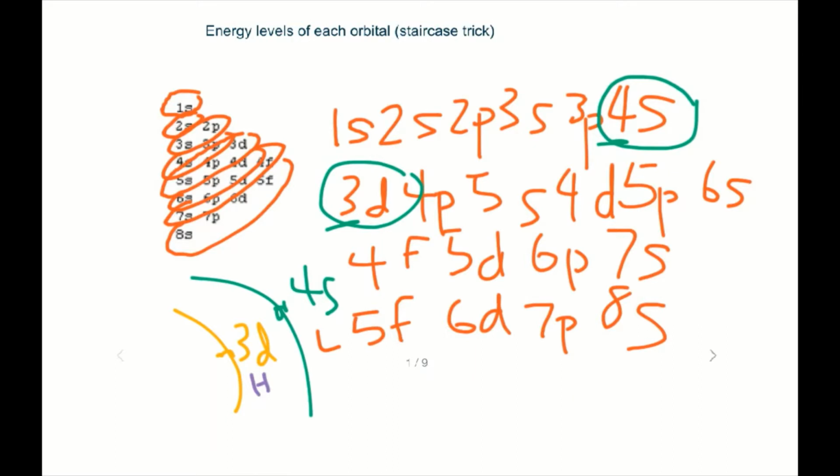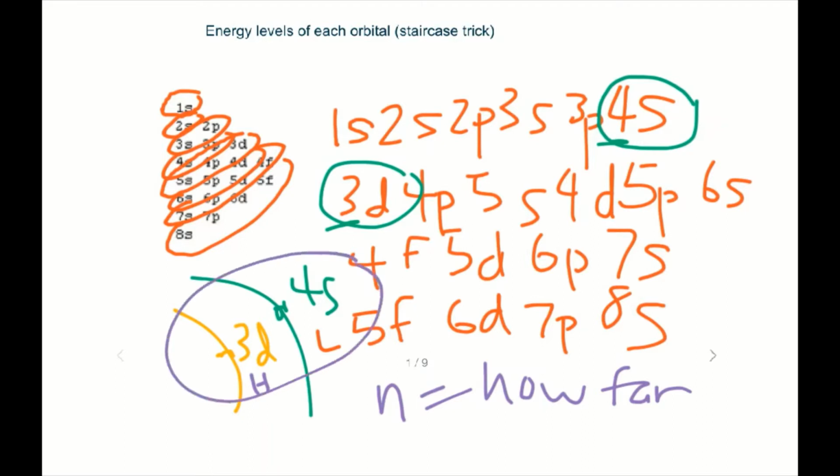So in general, the principal energy level, denoted as n, tells you how far something is, and it gives you an idea of how much energy something has, because the farther away an electron is, the more energy it has. But it's not always true, and sometimes exceptions come, such as here, where the 3d electrons have more energy than the 4s electrons.